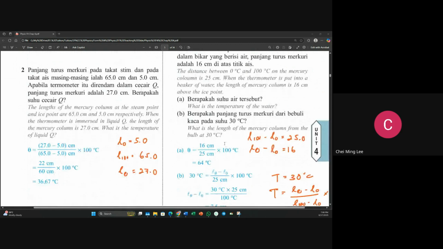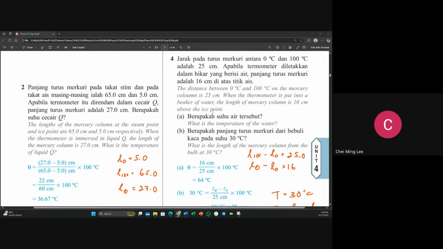And finally, the distance between the 0 degree and 100 degree is 25 cm. When the thermometer is put into a beaker of water, the length now is 16 cm above the ice point.